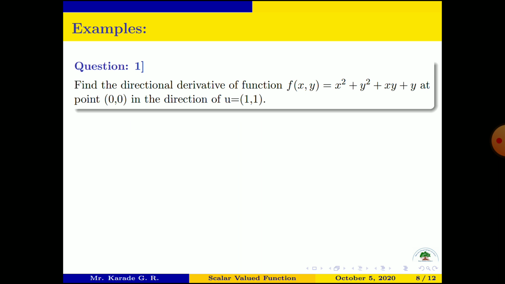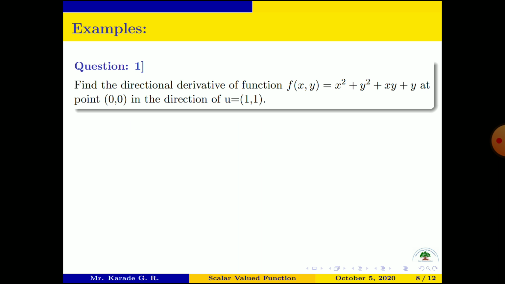First example, question number 1. Find the directional derivative of function f of x comma y equal to x square plus y square plus xy plus y at point 0 comma 0 in the direction of u equal to 1 comma 1.